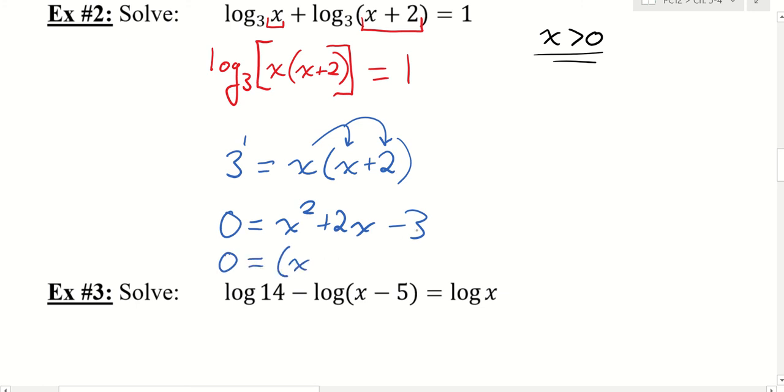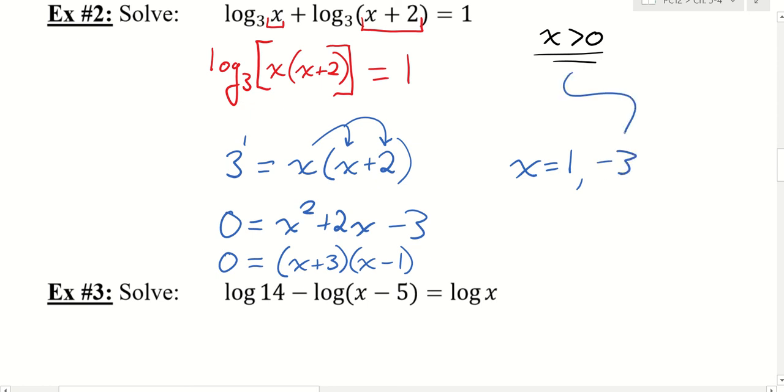So two integers that multiply into negative 3, but add to positive 2. Just double checking here. 3 times negative 1 is negative 3. 3 plus negative 1 is 2, so that works. So I get two solutions here. One solution is that x equals 1, and the other is that x equals negative 3.